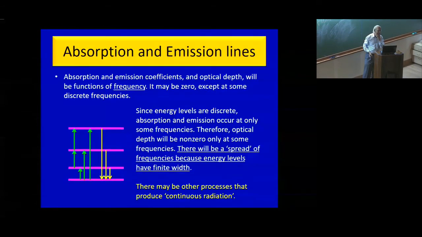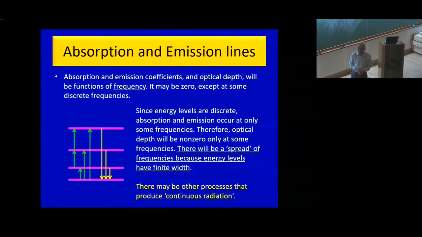Now we get to the absorption and emission lines. Please remember that up to now, I have not said anything about the physics of the absorption or the physics of emission. But we know that the physics of absorption or emission are to be found in quantum mechanics. In quantum mechanics, there are energy levels.